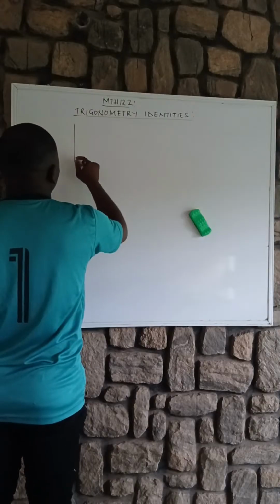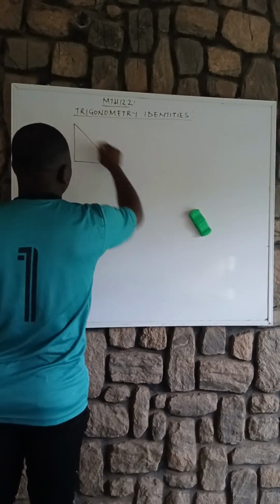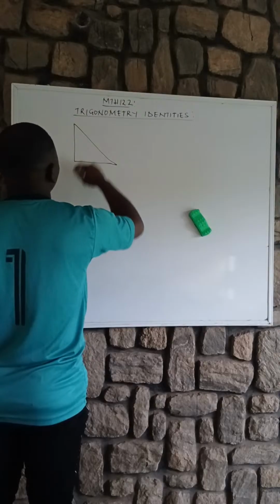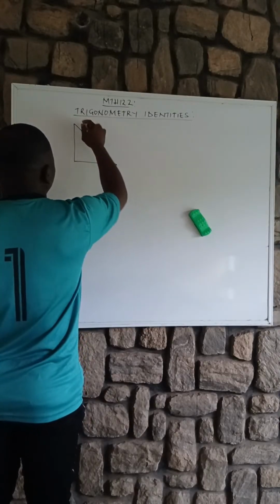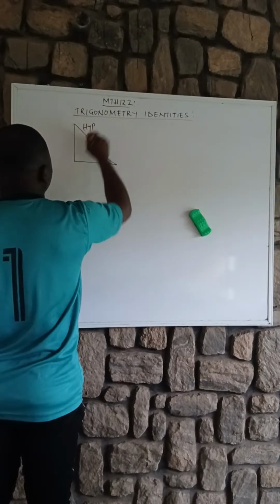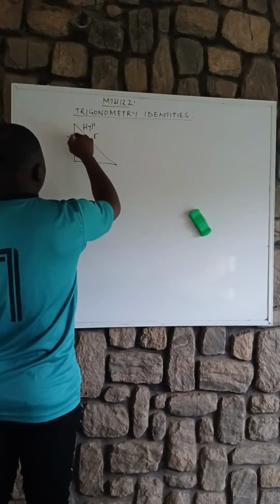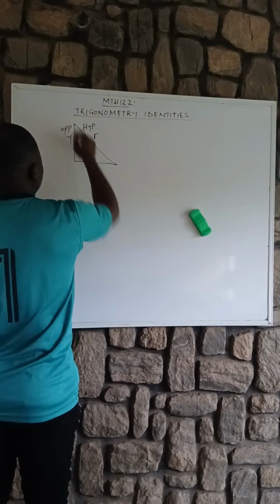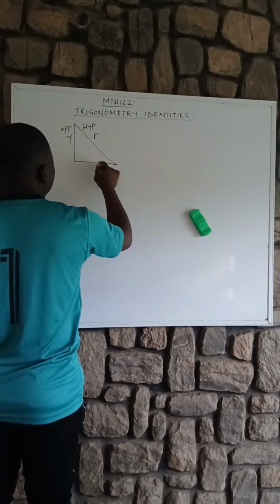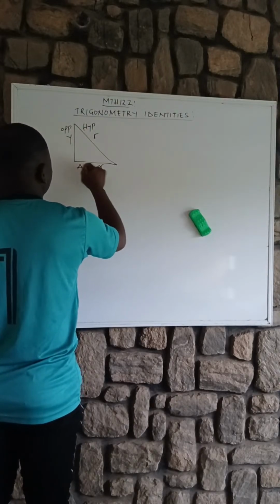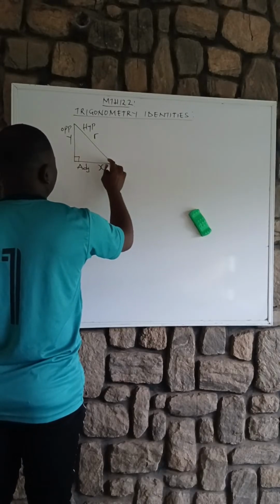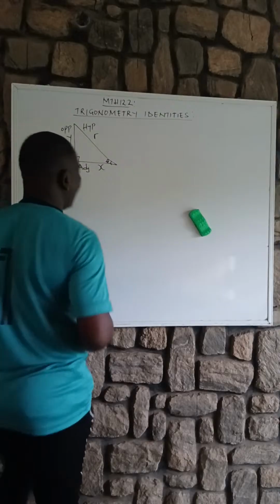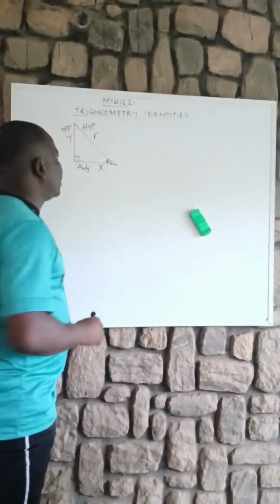Here is our hypotenuse. This is y, opposite. This is x, adjacent. This is our right angle triangle.